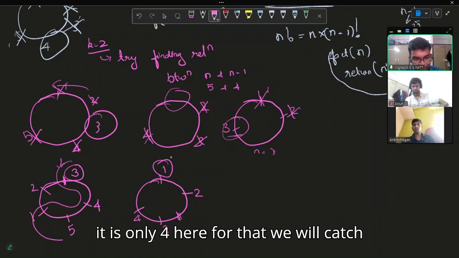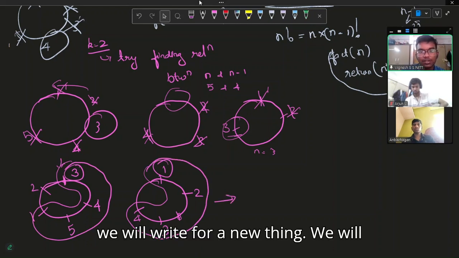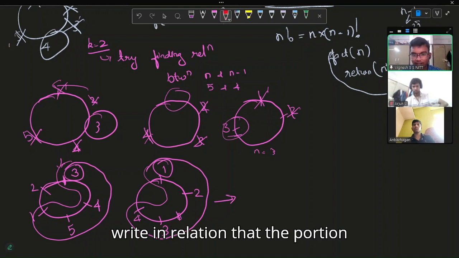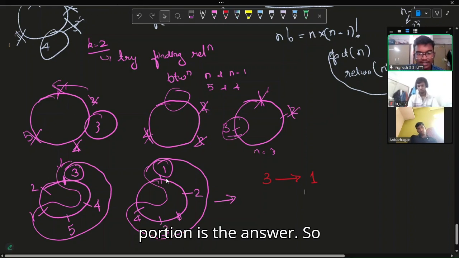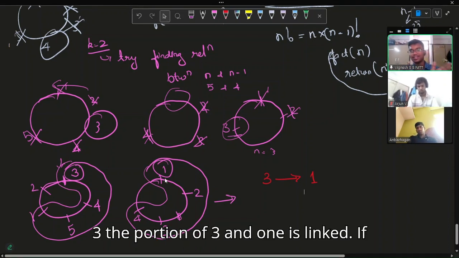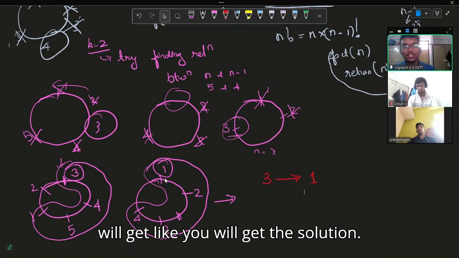We will write a relation: this position is the answer. So the position of 3 and 1 is linked. If 1 is changed to 3, you will get the solution.